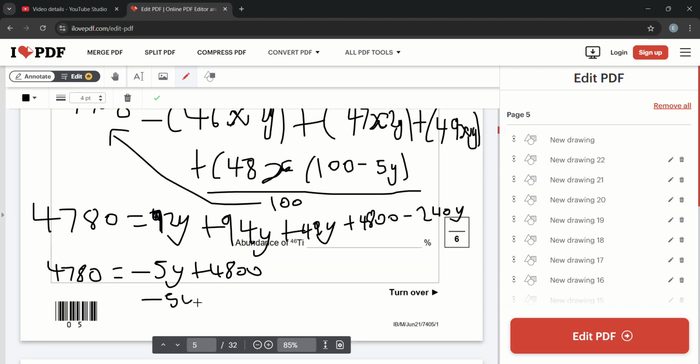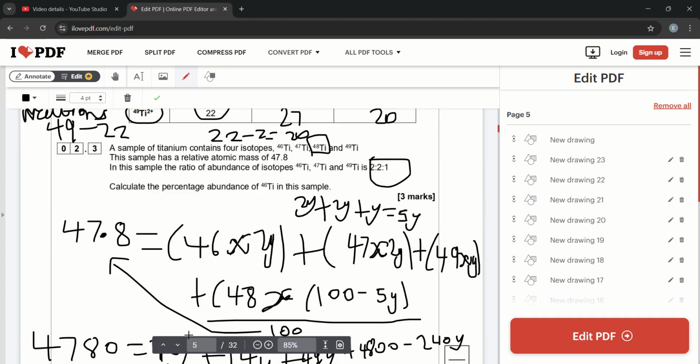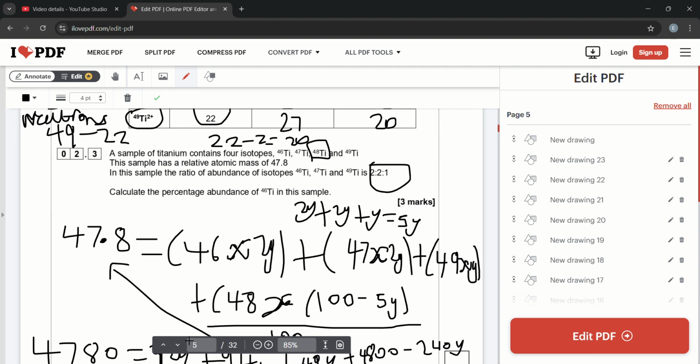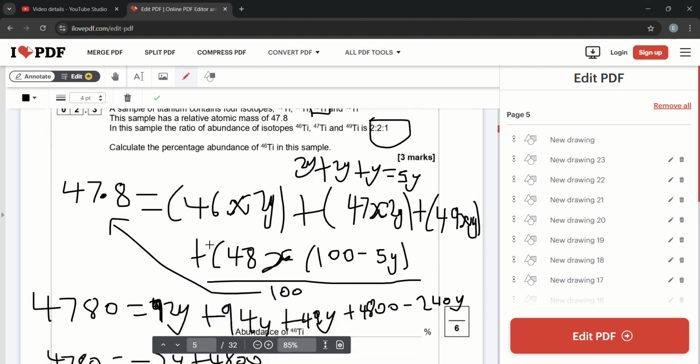Minus 5y equals 4780 minus 4800, minus 20. Y is equal to 4. Okay, now we're not done, because we know in the sample the ratio of abundances is 46 Ti, 47 Ti to 49 Ti is 2 to 2 to 1. So 46 is going to be 2.